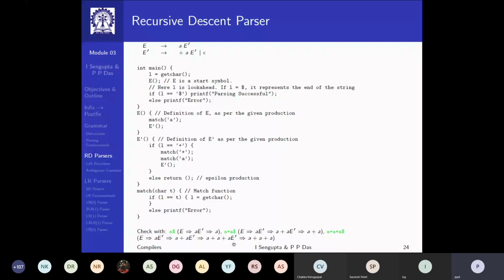Then you make it epsilon. So if you keep on doing this, you can very easily see this is again the grammar for an infinite language where you are doing A plus A plus A plus A plus A plus. So it's like addition expressions of identifiers going as long as you want.